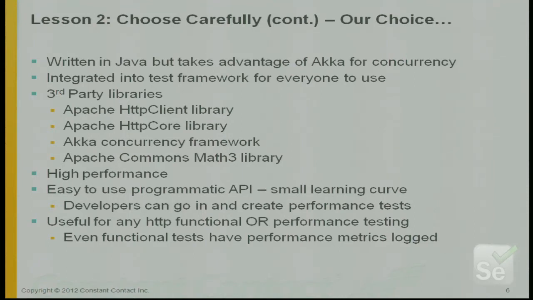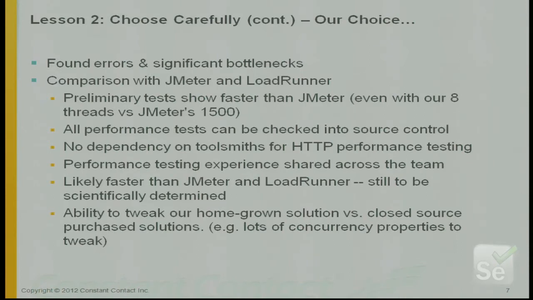You are not repeating yourself. It's useful for our functional and our performance tests. And actually, for all of our functional tests, whether you care about it or not, in the log we're logging performance statistics on each and every request. It's just that on the performance tests, those metrics go into a database. So we'll talk about putting and persisting stuff in a database in a little bit.